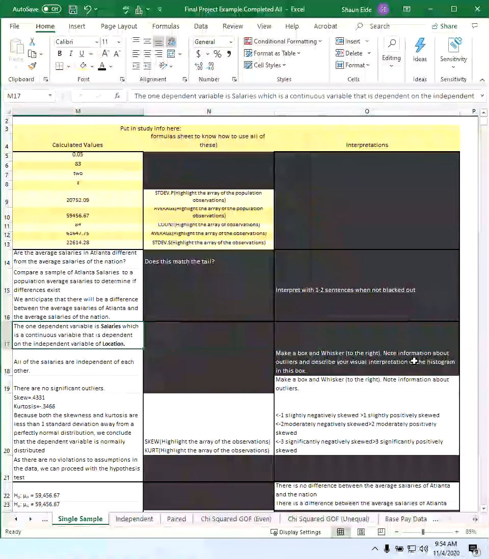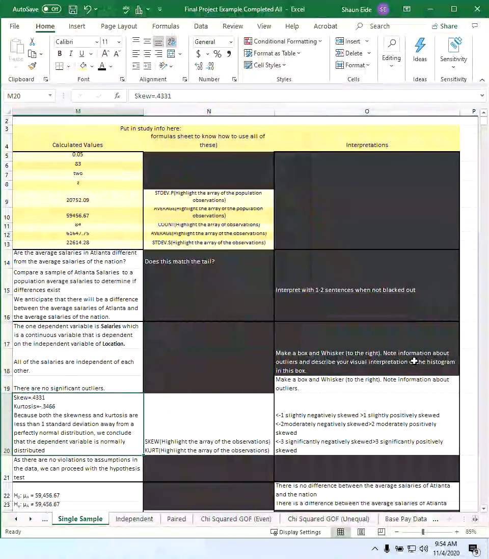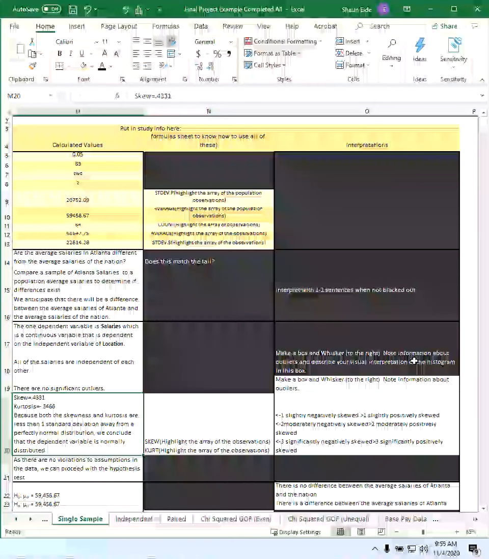There's a whole lecture on skew and kurtosis and violations of assumptions. But basically, you want the skew to be under 1, and you really want the kurtosis technically to be under 1, but as long as it's under 3, it's fine. Kurtosis is not something we're nearly as worried about. Skewness is the one we're much more worried about. What you would say is, because both the skewness and kurtosis are less than 1 standard deviation away from perfectly normally distributed, we conclude that the dependent variable is normally distributed.